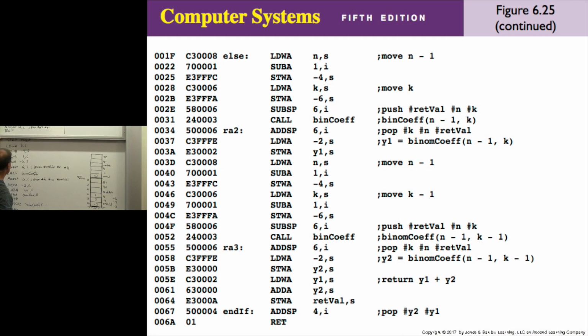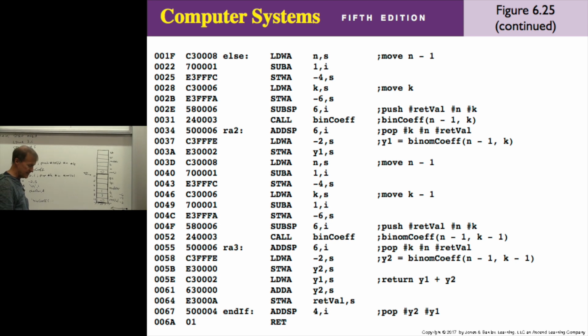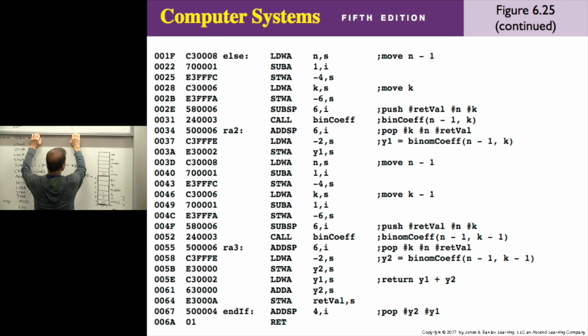Otherwise, are we good? Check here. How about over here? Does this look good? Yeah, question? Why is it 4 for add SP at the end?